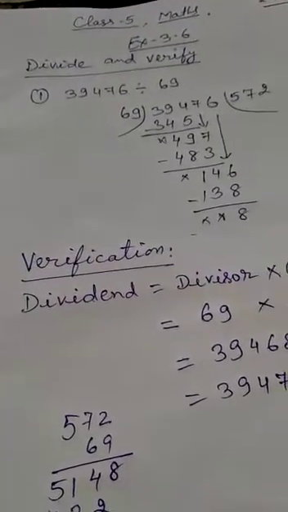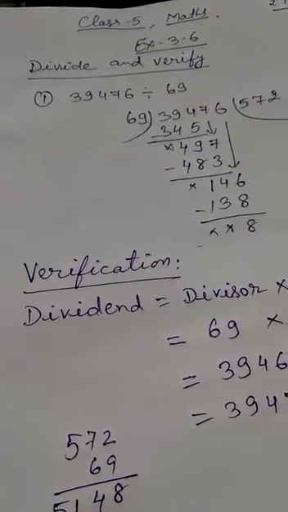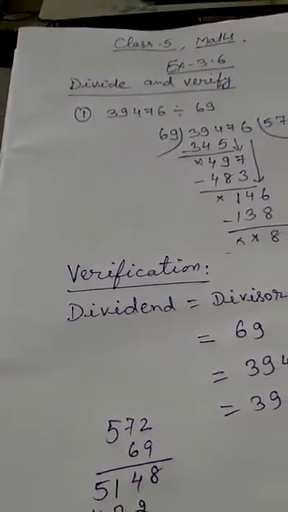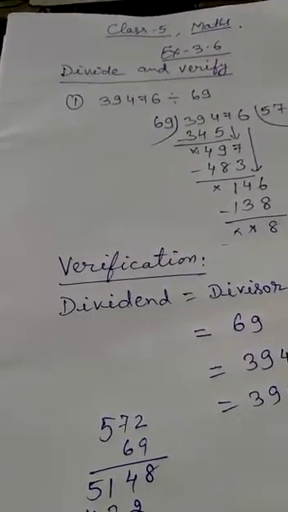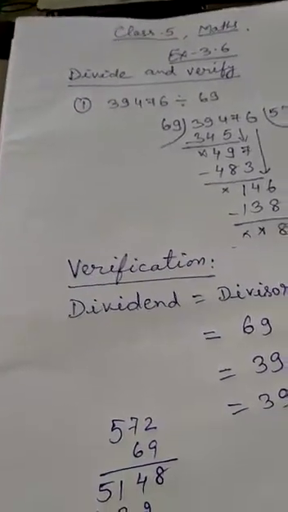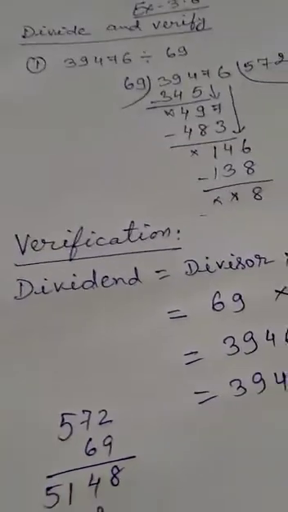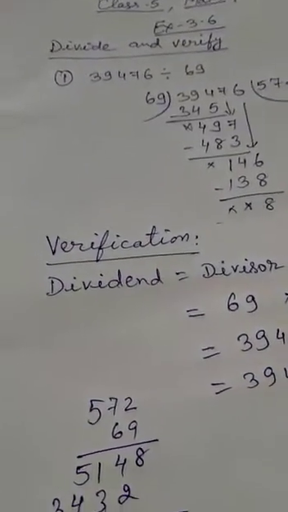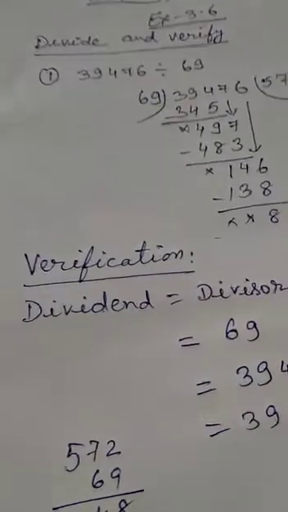Dividend, what is dividend? The number which is to be divided is called the dividend. And dividend is always greater than or equal to the divisor. And what is divisor? The number which divides the dividend is called the divisor.